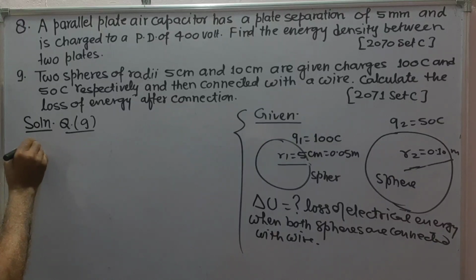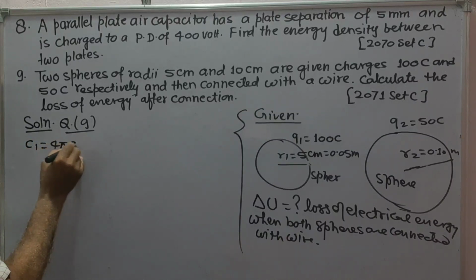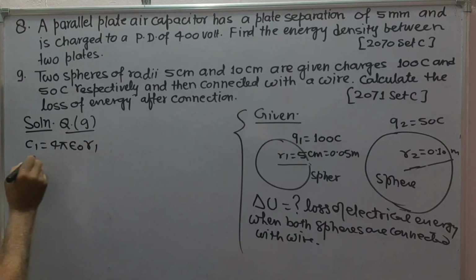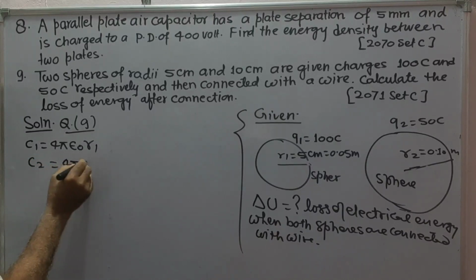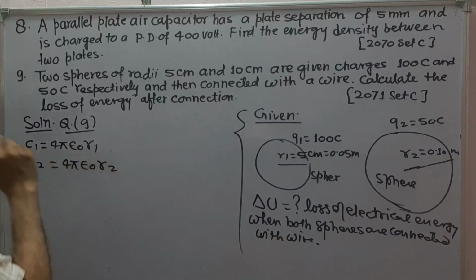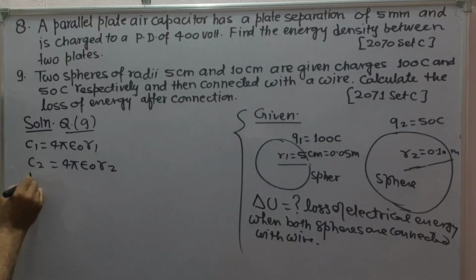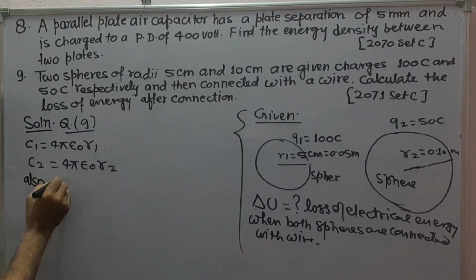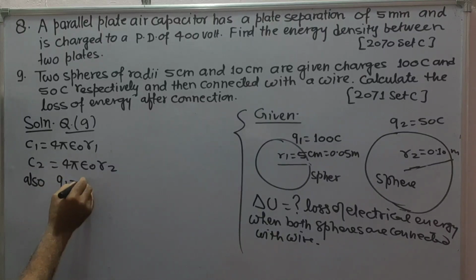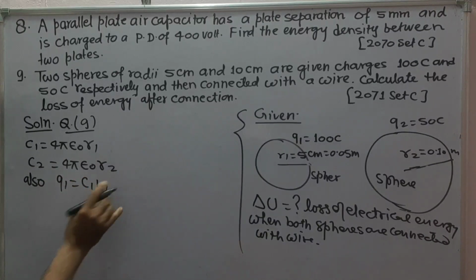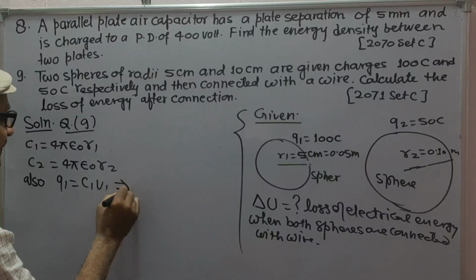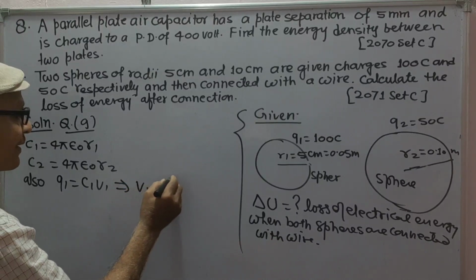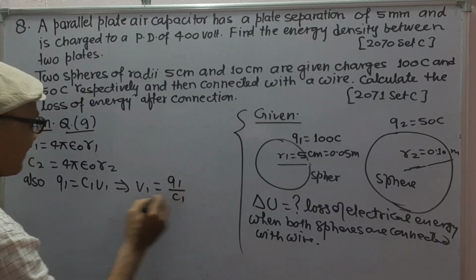Now for sphere 1, C1 will be equal to 4 pi epsilon naught R1, and for sphere 2, C2 will be 4 pi epsilon naught R2. Also Q1 is C1 into V1, which gives V1 as Q1 upon C1.